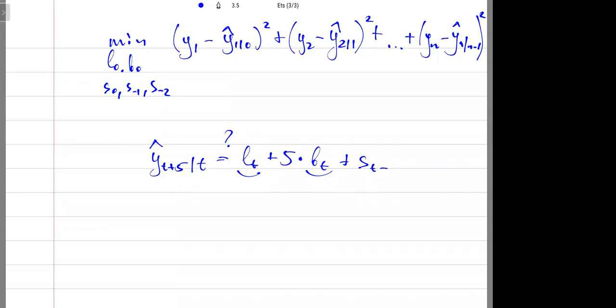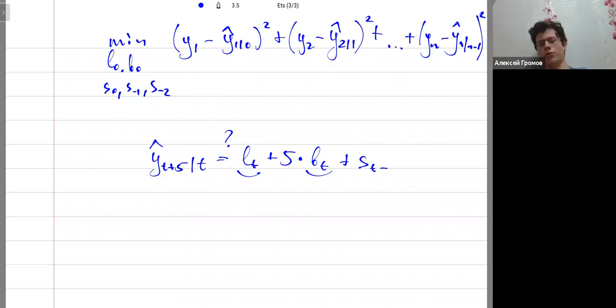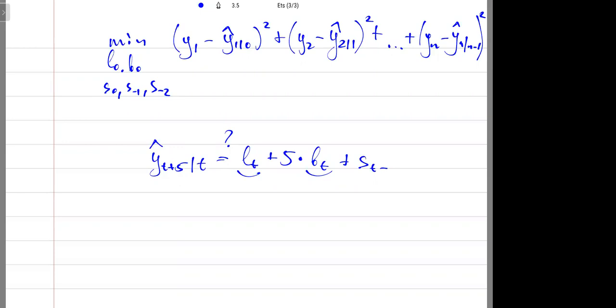We work with quarterly data. Wait, shouldn't it be minus S0 minus S1 minus S2? Sorry, I don't get your question. Let me finish the formula and let's discuss your question. Okay, so this is the forecasting formula. Maybe it's better to start with the one step ahead forecast.